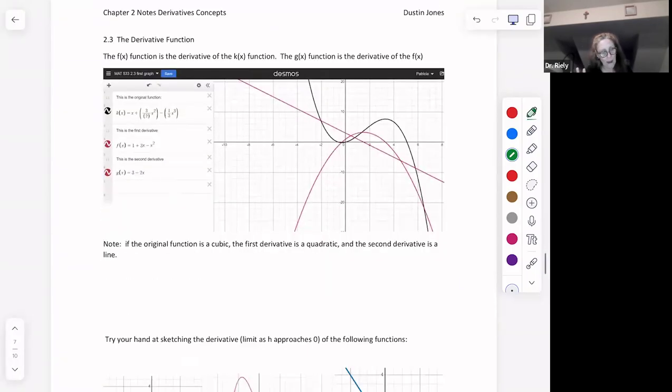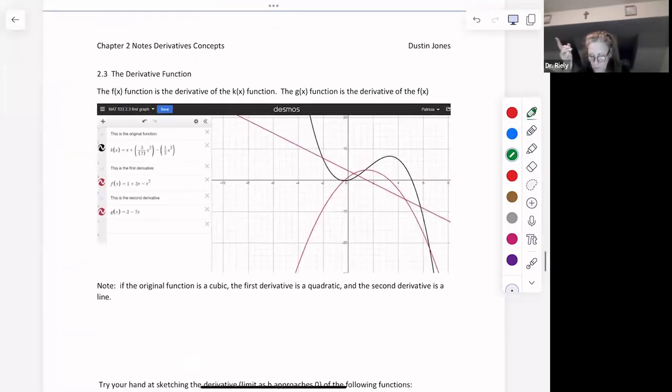So now we kind of do some fun stuff. What if your first function was a cubic? So the first function is a cubic, that's the green. Let's just say this is some cubic function. What you end up learning over time is that if your first function was a cubic and you take the derivative and you plot it, that second function will be one step down.